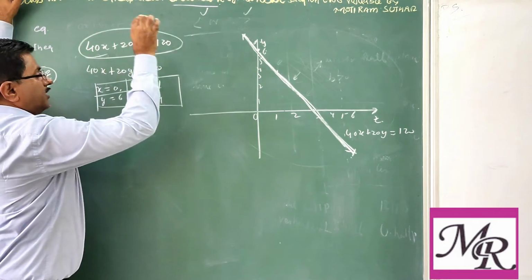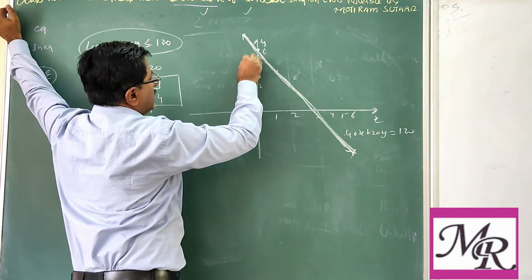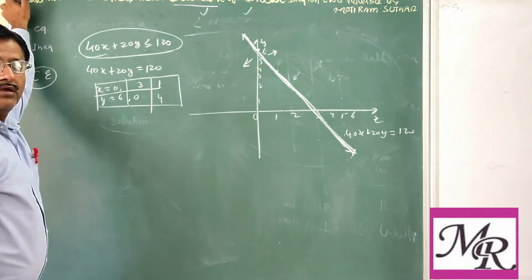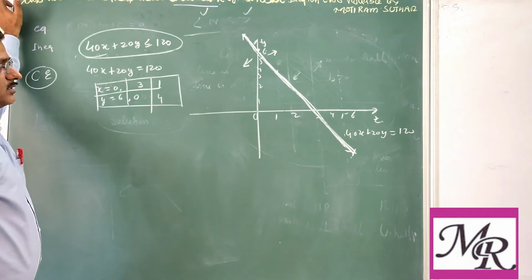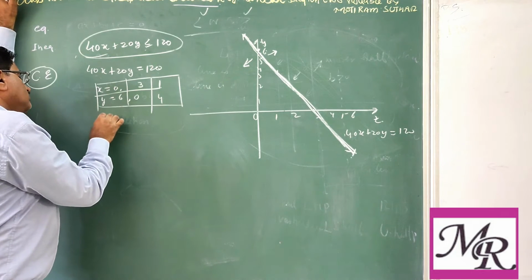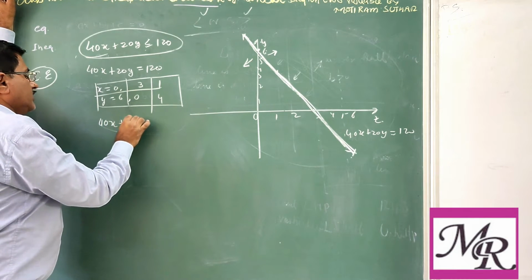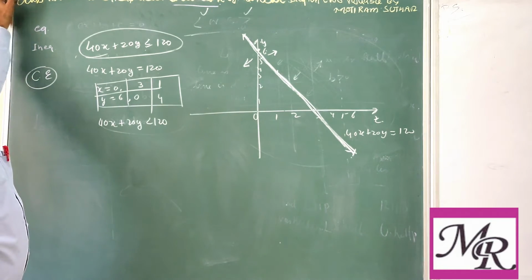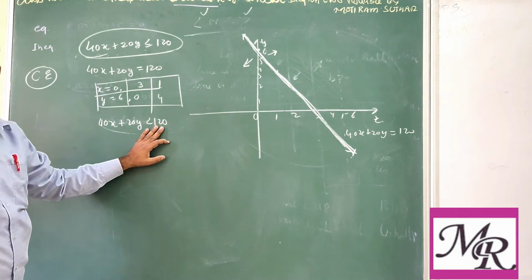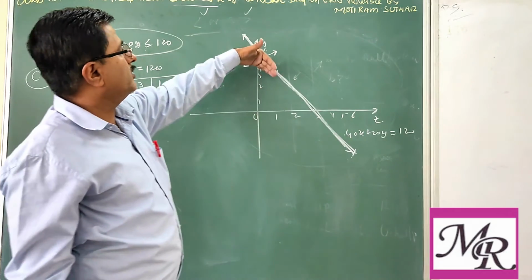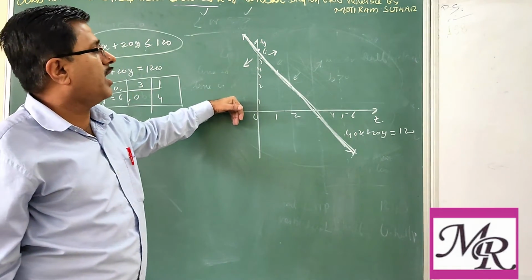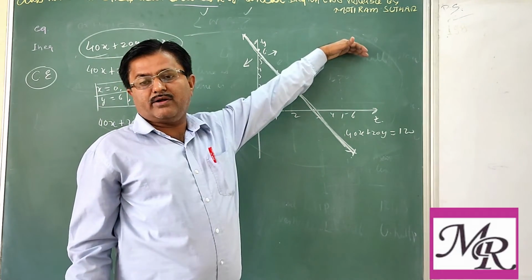Secondly, now how to solve? There are two possibilities. Either the solution will lie toward this side or this side. We have to see. Clear? Then you mark the corresponding inequality, 40x plus 20y less than or equal to 120. Now will the solution be toward the lower half part or the upper half part?